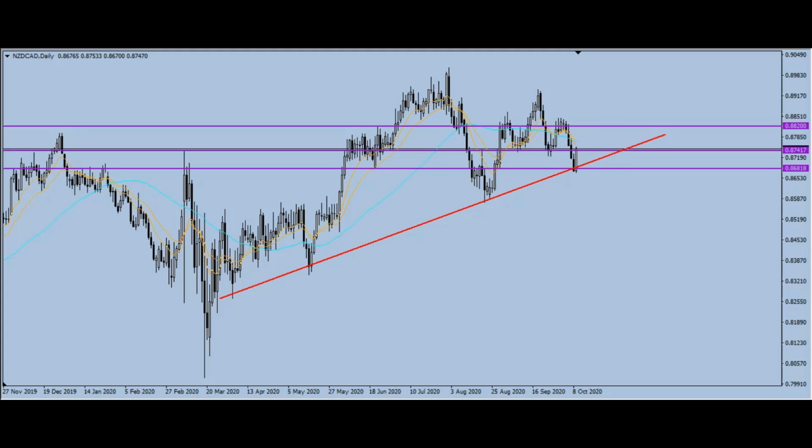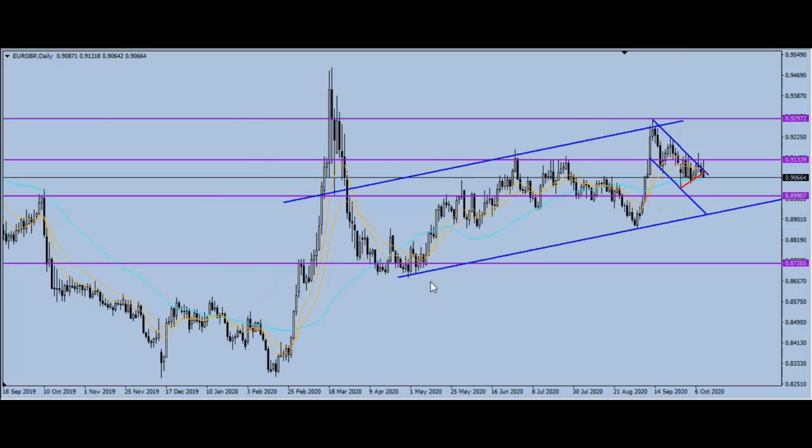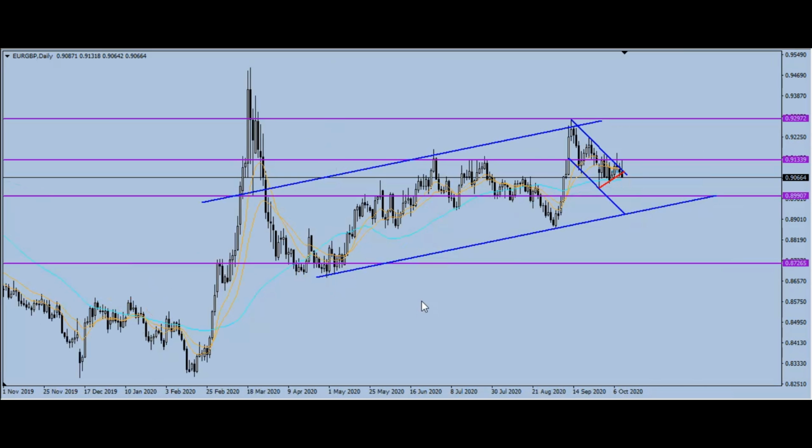I'll move on to the next pair on my list now, and that is the EurGbp. So now you can see the EurGbp daily time frame on my screen. This is the daily chart, and what you can quickly see is the two channels. One is a broad channel which, although it's on my daily chart, is also visible on the weekly.